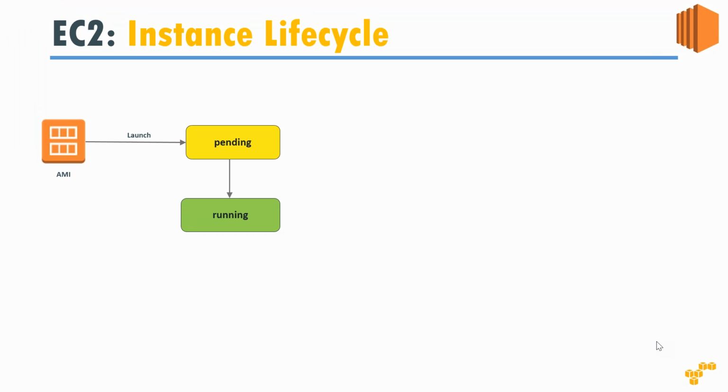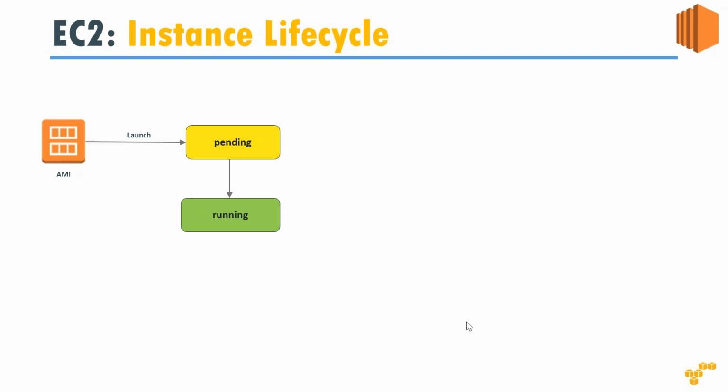When I say pending state, that means that Amazon is trying to find the necessary hardware in your region, and then the architecture, the CPU and the machine images, and tries to bring it into the running state. You will most probably notice the pending state for a very small amount of time, and it comes to a running state almost in a minute or so after it completes the checks.